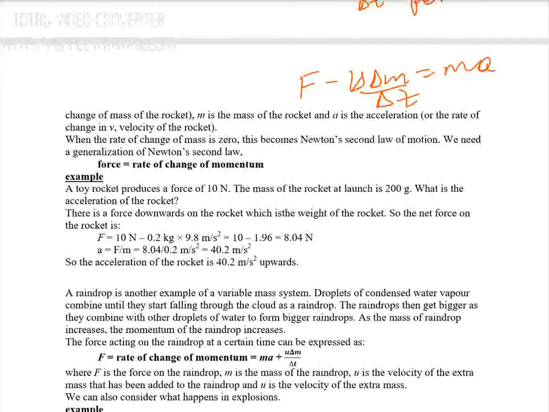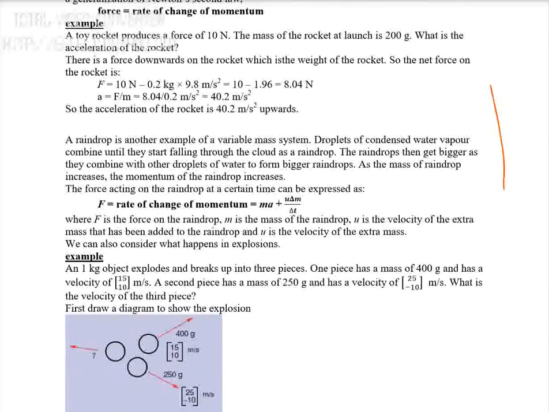The water droplet moves down, and the mass of the water is increasing. Therefore, since it is an increase in mass, you must use this equation, and by moving this to the right, you can rearrange it as F is equal to ma plus u times change in m over change in t. You can take it like that.